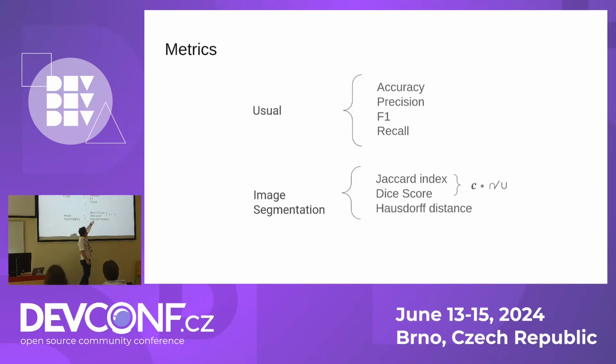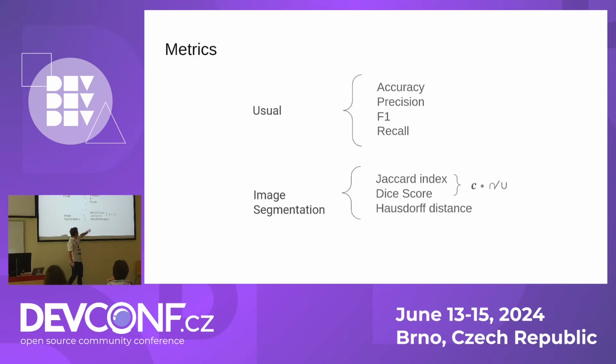The only difference between the Jaccard index and the Dice score is the value of this constant. For the Jaccard index, the constant takes the value of 1, and for the Dice score, the constant takes the value of 2. So with a value of 2 here, it ends up increasing the sensitivity of the intersection.